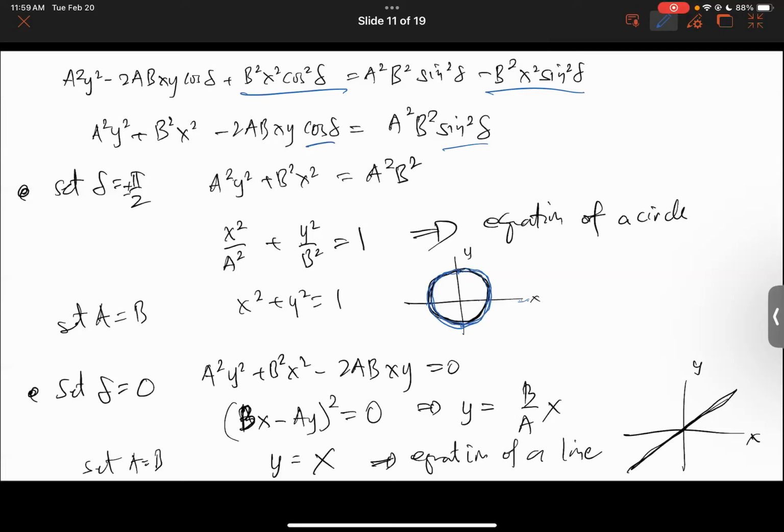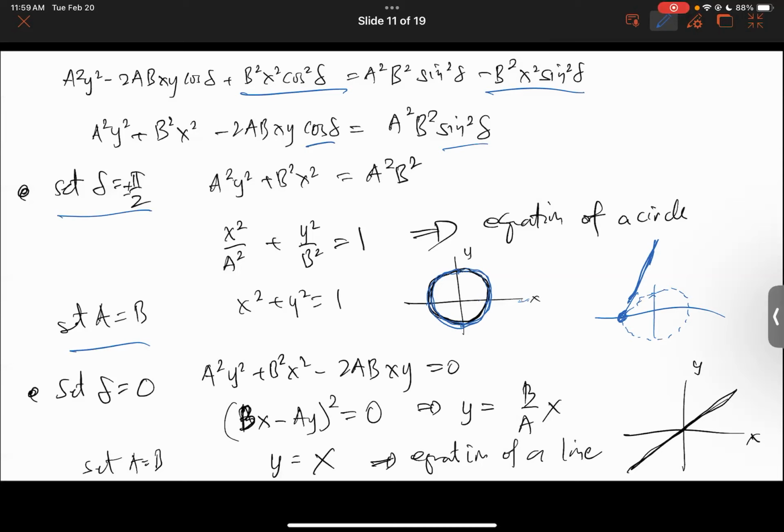So if it's a pendulum, imagine niyo na ito yung pendulum, and this is the xy plane. That pendulum will trace a circular path along the xy plane if ito yung conditions na binigay natin sa kanya.